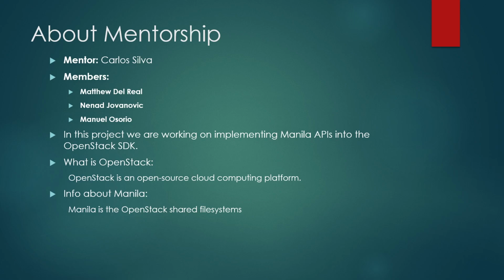It's an API service that can be accessed either directly by making requests to the APIs or by using the OpenStack SDK, and that will allow developers and operators to manage different parts of the shared system.